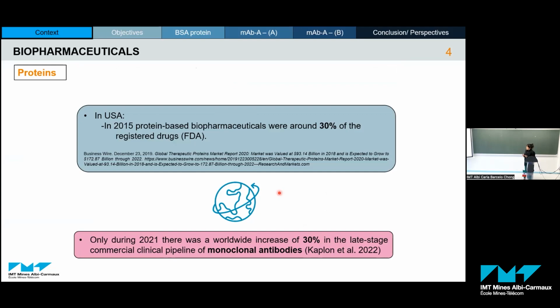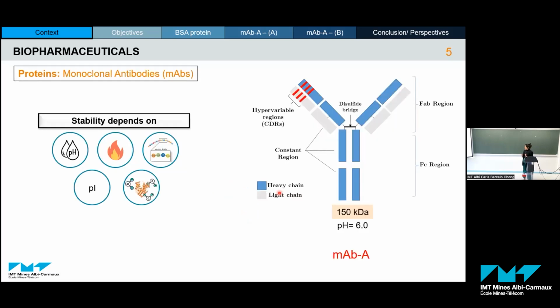Within this category, we also have what we call monoclonal antibodies, which in the year 2021 had a worldwide increase of 30% in the late-stage commercial clinical pipeline. The monoclonal antibodies are large heterodimeric molecules, and the interest in this type of molecules is their very high targeted activity, as well as their wide therapeutic range for chronic diseases, for example, cancer and immunogenic and inflammatory diseases.